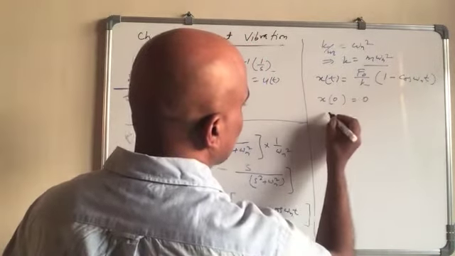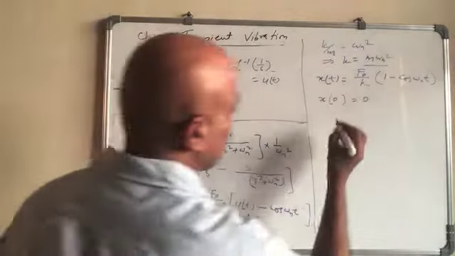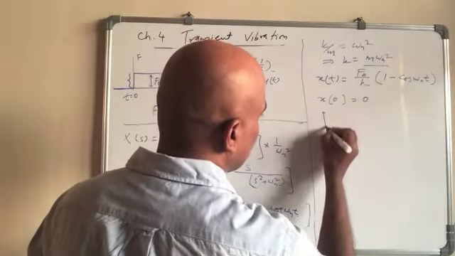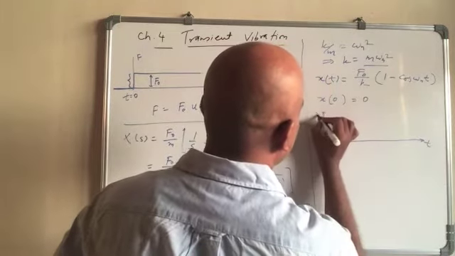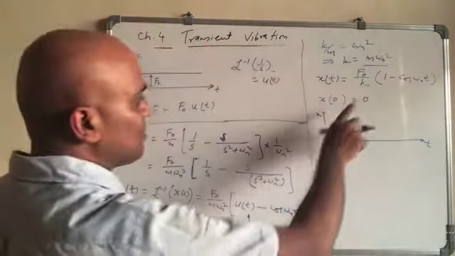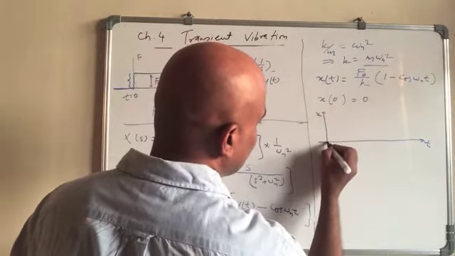So how will it look? Before the force is applied, this is t and x. When the force is applied, x(0) is 0, so this starts from here.